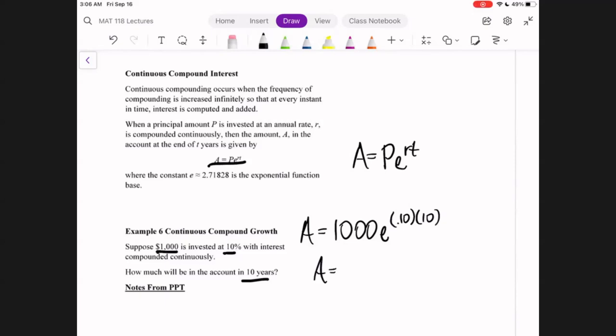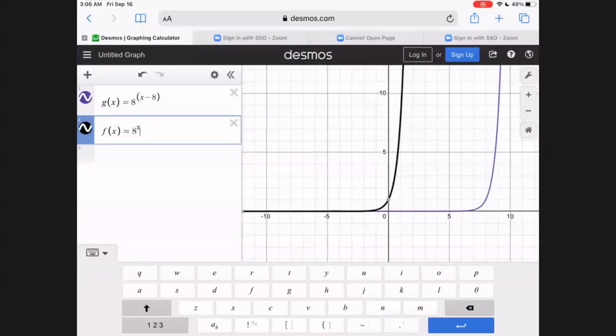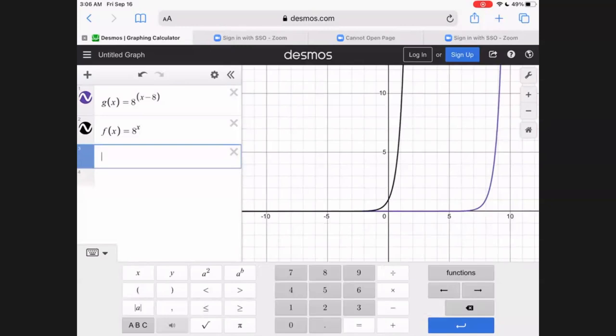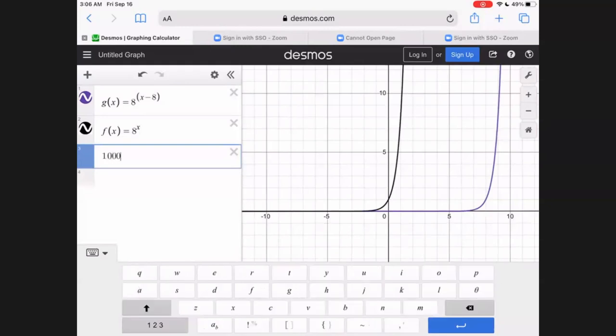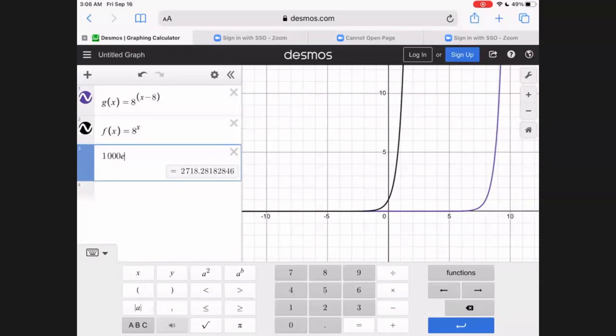So let's use Desmos for this to see what we get. So 1,000, and we have e. And then we're going to raise it to negative 10 times... Let's see, it does it outside here, so remember, you've got to put those in parentheses, okay?